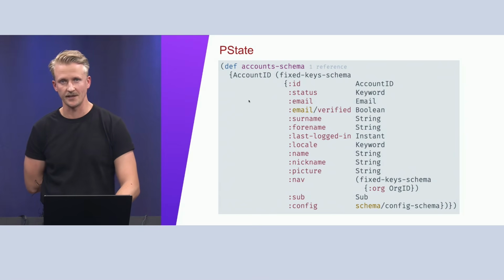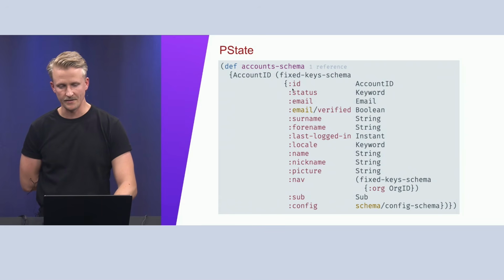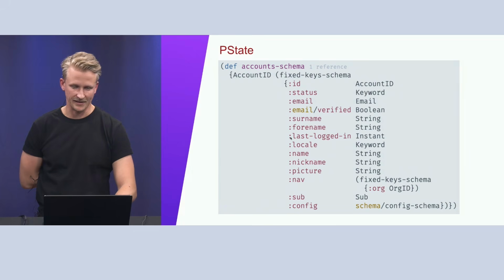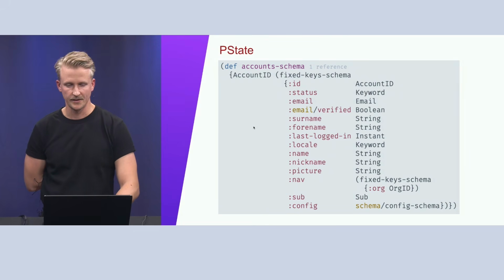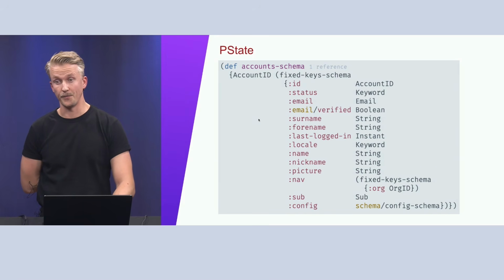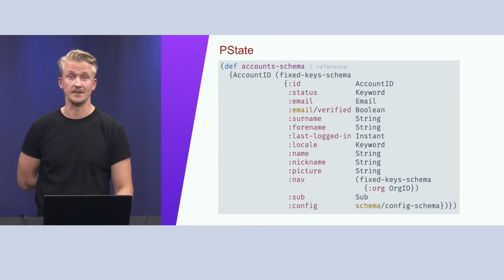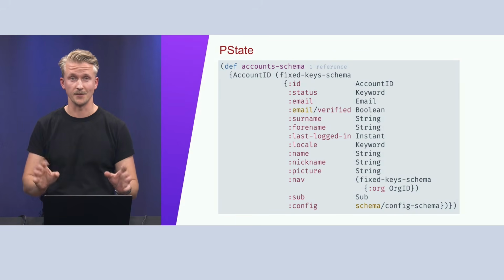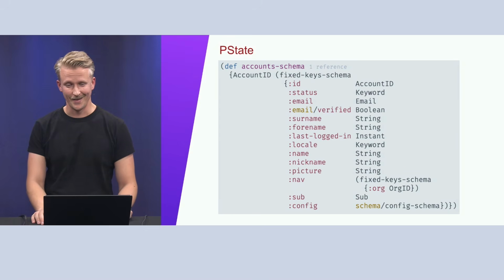So this is basically a document database right here. The content isn't that important, but this is what we use to describe and store accounts in our full system, and nothing more about it.